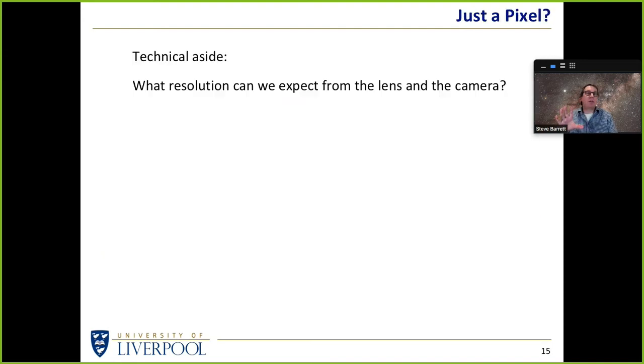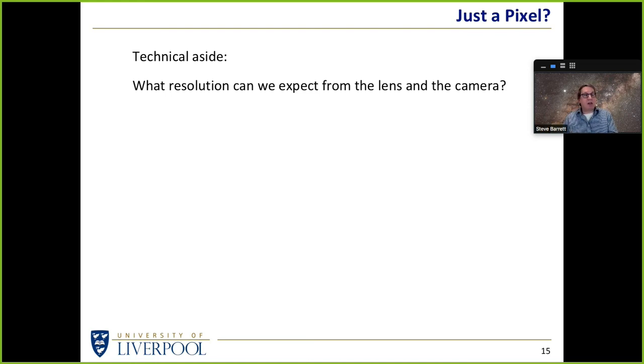Just as an aside, what sort of resolution could we expect from the lens and the camera? Well, the lens has a particular aperture, about 75 millimeters in this particular case, and so you can work out from the laws of physics the limit, the so-called diffraction limit, that tells you what the resolution could be in the absence of any particular aberrations of the lens.